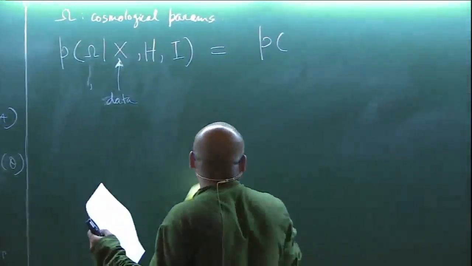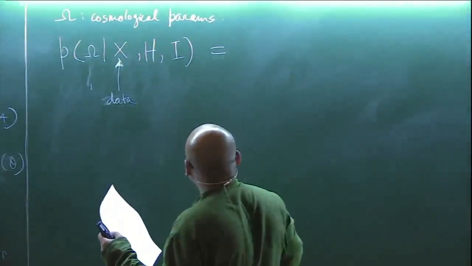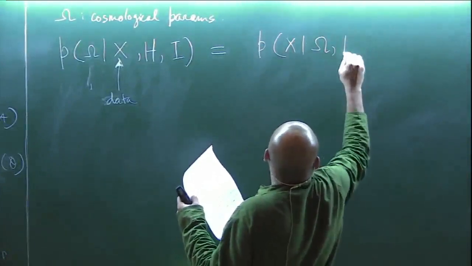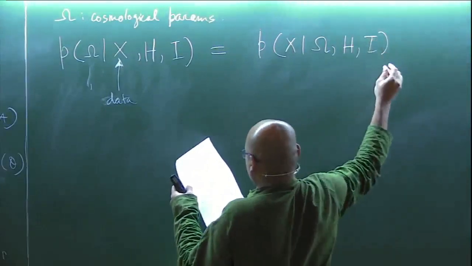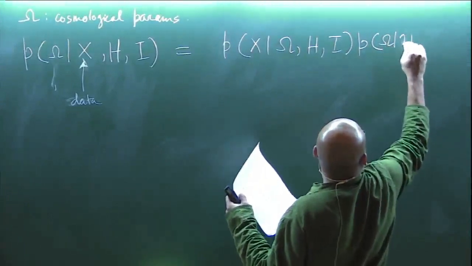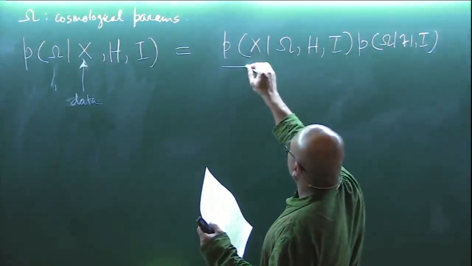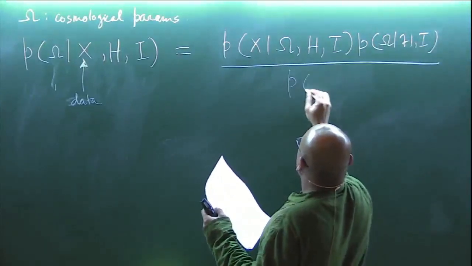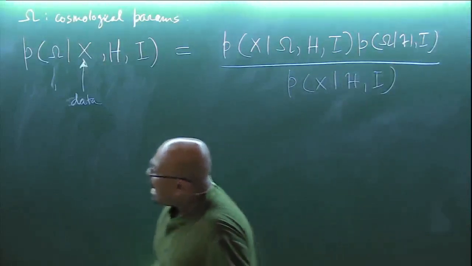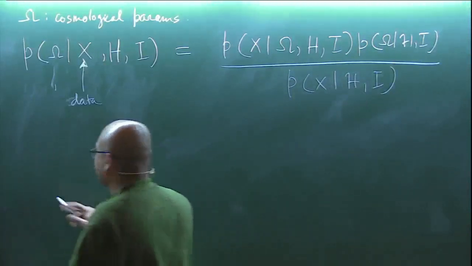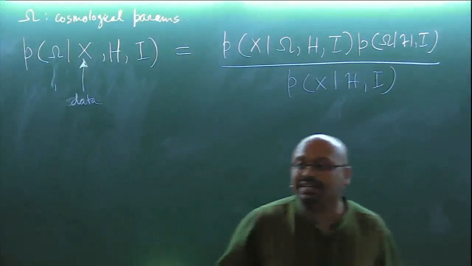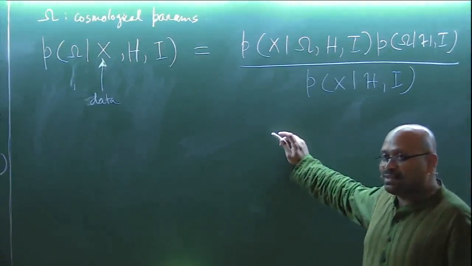This would be a product of the likelihood times the prior, and these probabilities can also be extended to probability densities in the parameter space.